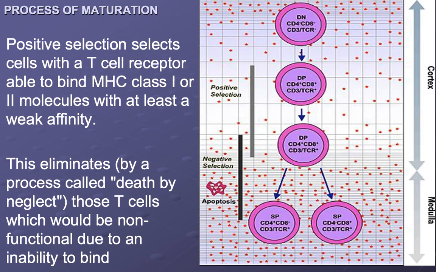So positive selection will screen for cells with T cell receptors that are able to bind to MHC class 1 or class 2 molecules with at least a weak or intermediate affinity. The positive selection process will eliminate those that are non-beneficial because of their inability to bind, or their binding with MHC self-peptide complexes.